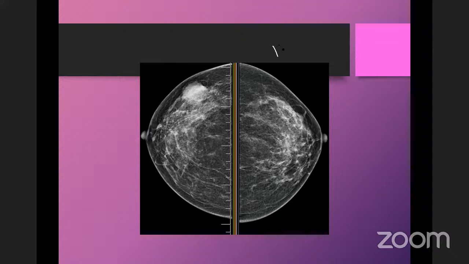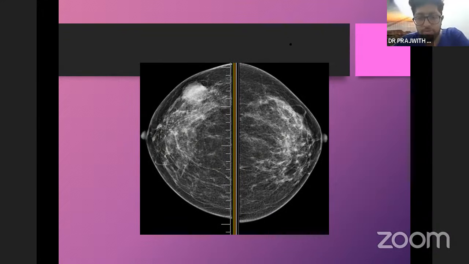So type 2, right? Type 1 or slightly type 2 breast parenchyma. You see the amount of fibroglandular tissue. Don't worry, you can make mistakes now. Even I make a lot of mistakes, so don't worry.